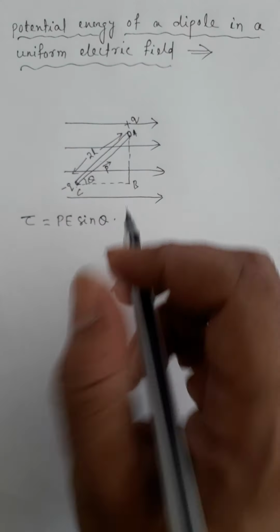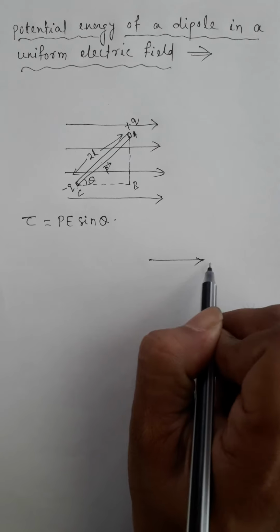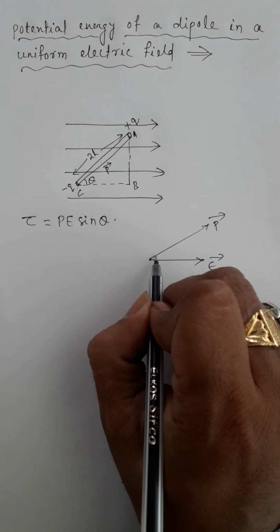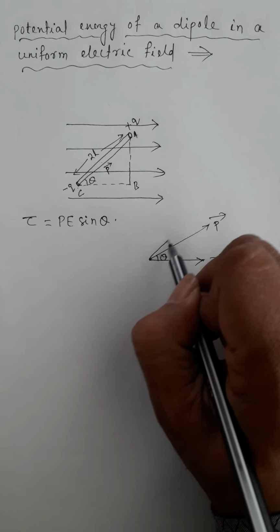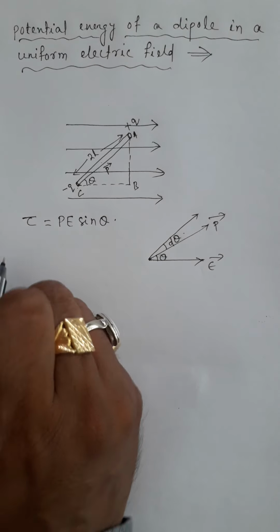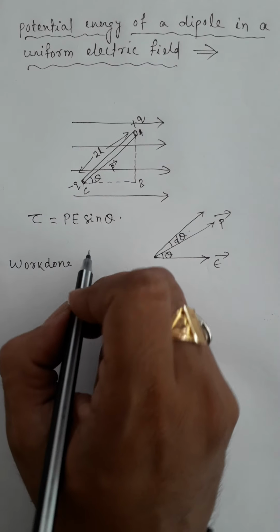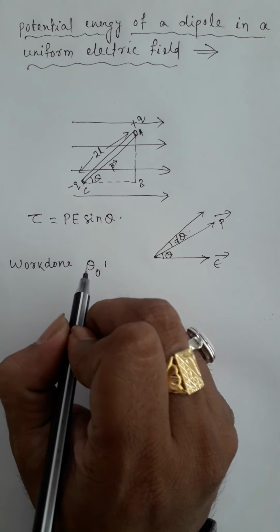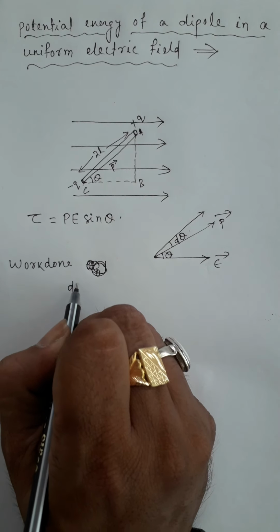If the dipole is rotated through a small angle d theta, suppose this is the direction of electric field, this is the direction of dipole moment, and the angle between them is theta. If this dipole is rotated through a small angle d theta, this angle is d theta, then the work done in rotating the dipole from orientation theta 0 to theta by the external torque is dW, small work done.